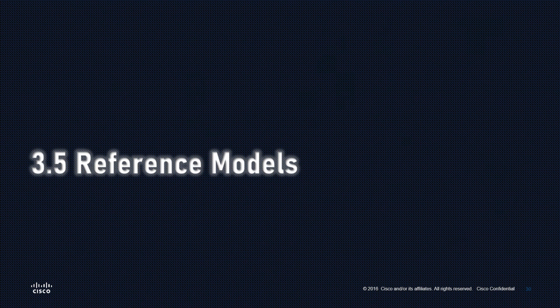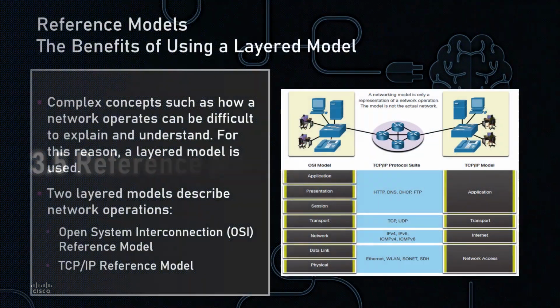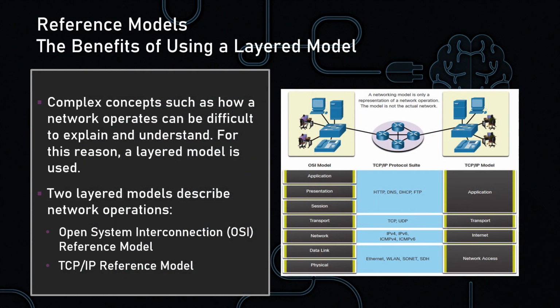Section 3.5, reference models. Remember I talked about earlier how the reference models allow us to compare different structures based on whether we're talking about, in this case, TCP/IP or OSI. There are complex concepts involved in networking, and we have to have ways to structure them in a layered format so that we can look at individual components rather than being overly stimulated or confused by the whole.